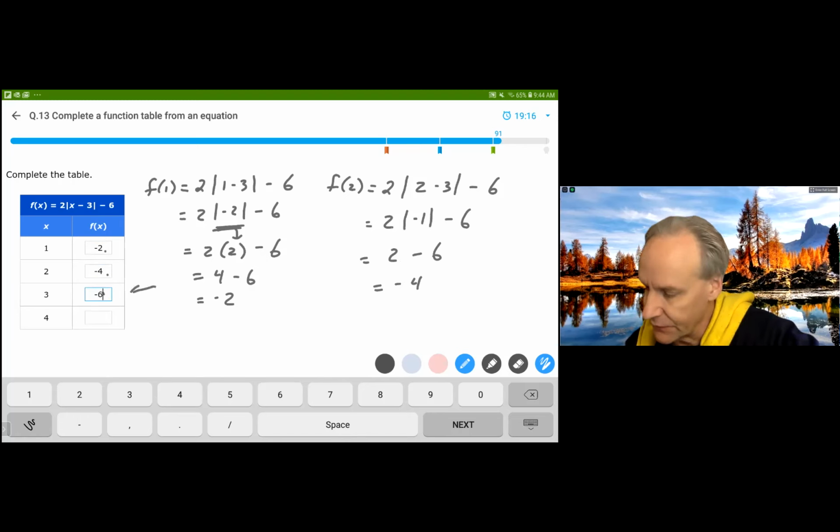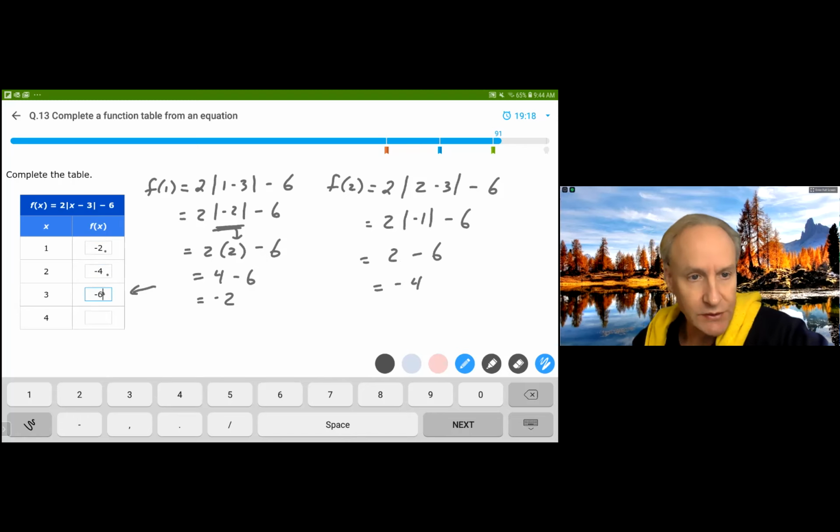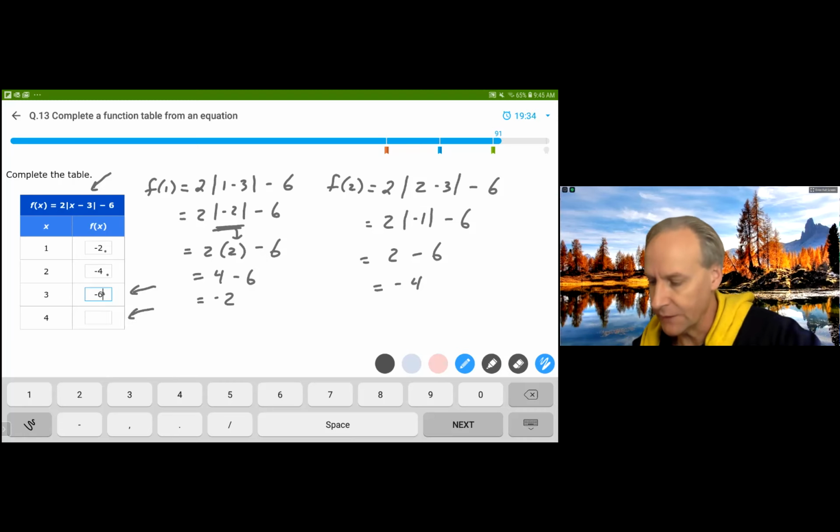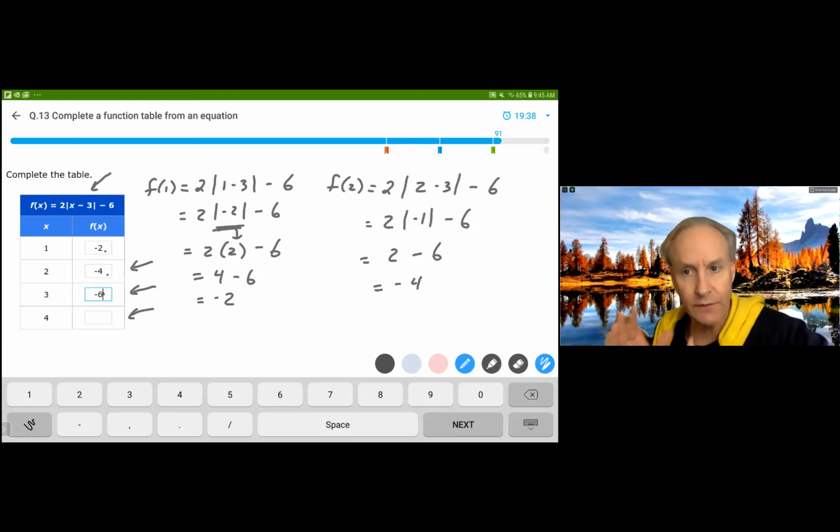This happens to be the vertex of this guy. When you put a 3 in for x, it zeroes out this piece right there. And when you zero out that absolute value part, it's where your vertex is located. That also tells me that this one over here is going to be very similar to this one right there. Because remember, the vertex is where the two sides are equivalent to one another.